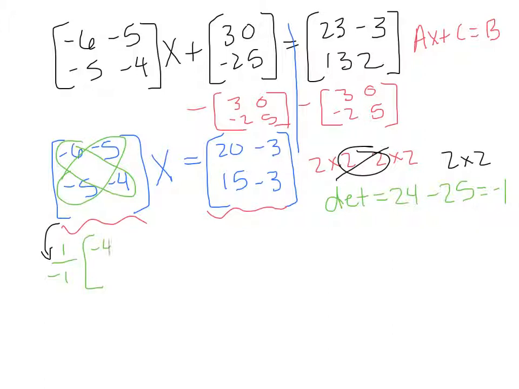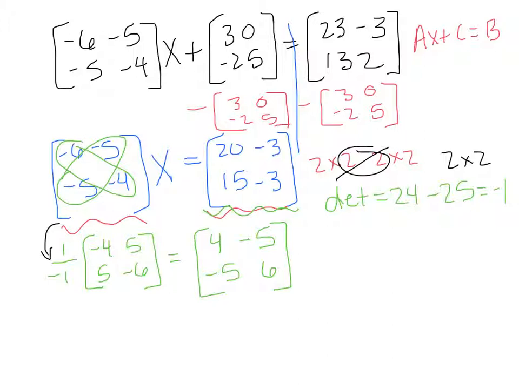So you flip these two, change the signs of the other two, and we multiply. So negative 1 times negative 4 will get me 4, negative 5, and 6. Now, that's A inverse, and we're going to multiply it by B, which is that resulting matrix.